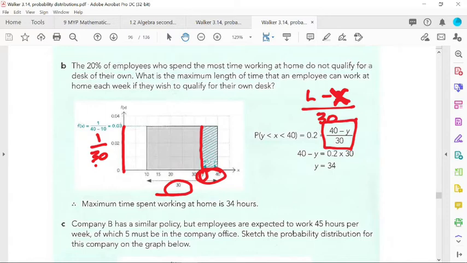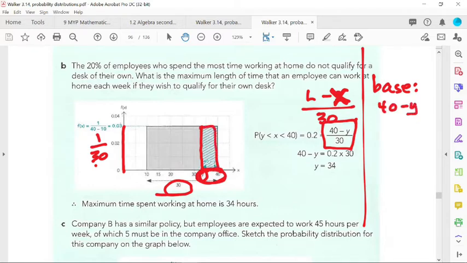Let's just write it like we did before. The base we need is the largest one, because our shading is up here. So the base is 40 minus y this time. To get the distance, you just subtract them, but we don't know what that number is, so we're just going to call it y.